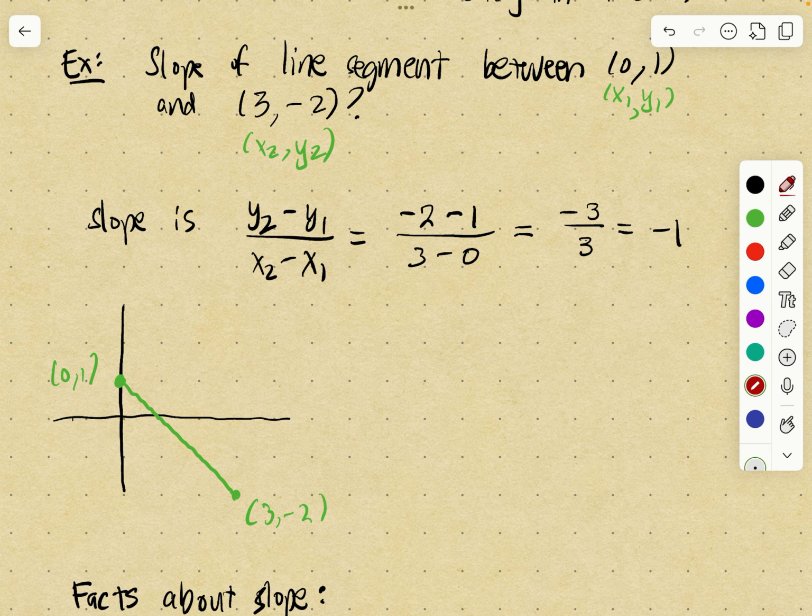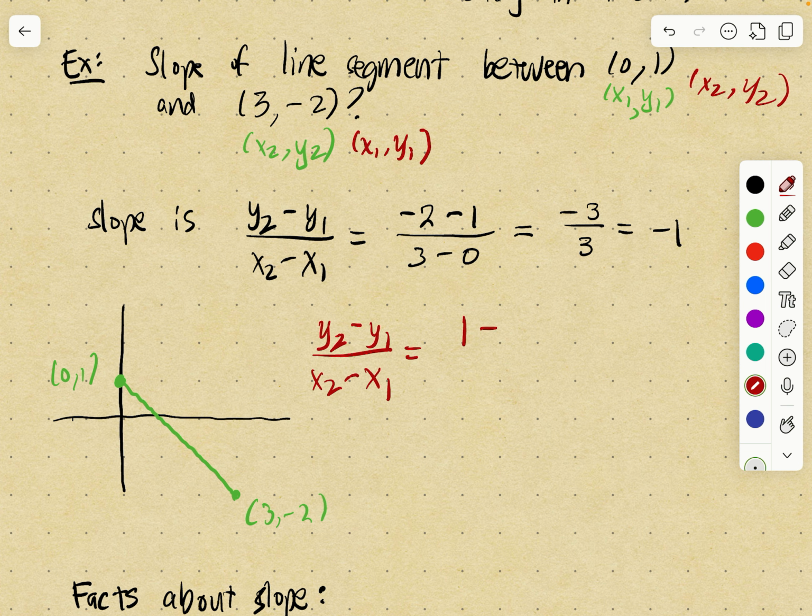The way I did it is I called 0, 1 x1, y1, and 3, -2 my x2, y2. Now let's say I call 3, -2 x1, y1, and 0, 1 x2, y2. What would I get when I do the slope formula again? y2 minus y1 over x2 minus x1. This time my y2 is 1 and my y1 is -2, my x2 is 0 and my x1 is 3.